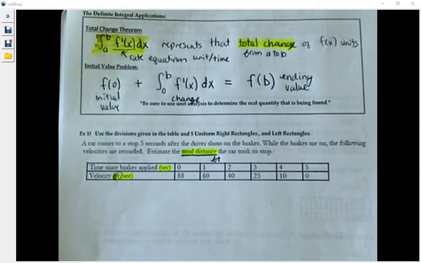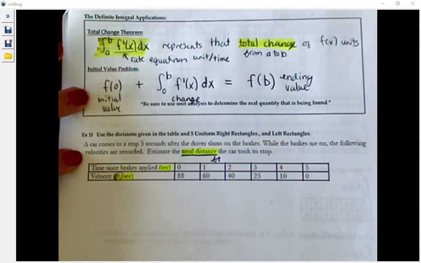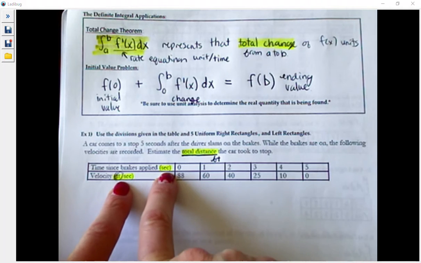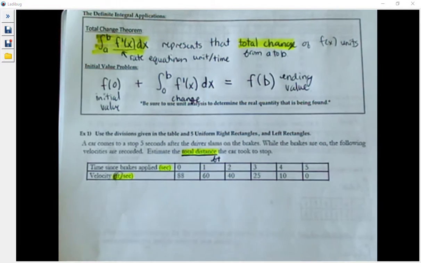Multiply them. That's a definite integral. That's how you decide what you're doing. You're looking at the units. The question says, how many feet? Look at the information given. I have to multiply my units. That's the definition of the definite integral.